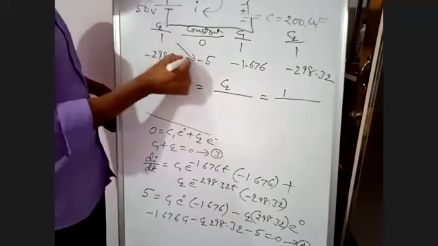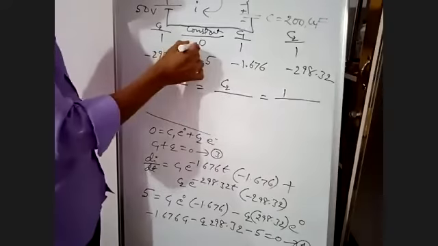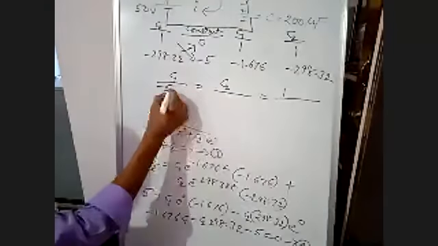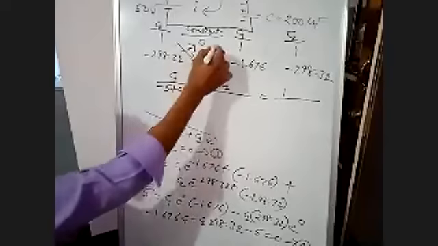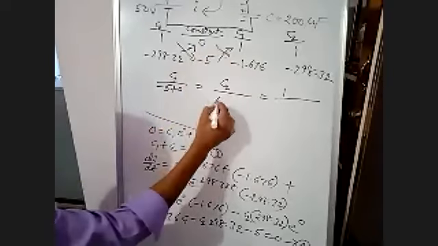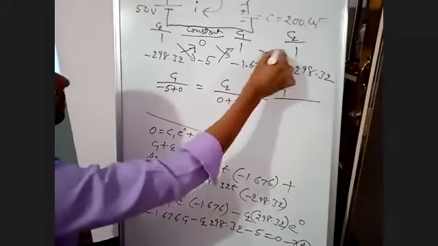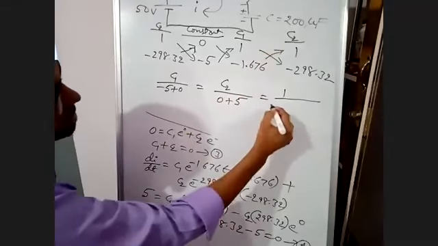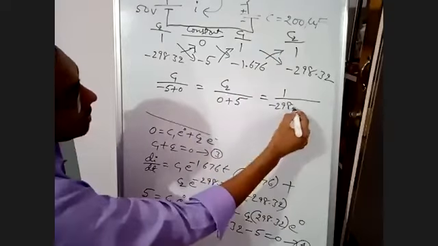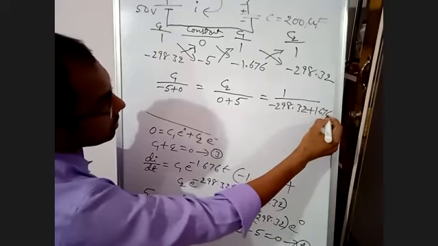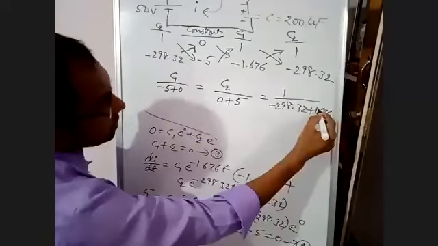Cross multiply this. That is minus 5 plus 0, 0 plus 5, and minus 298.32 plus 1.676.